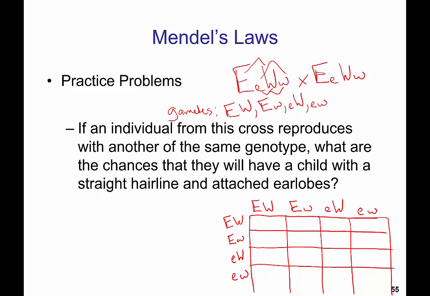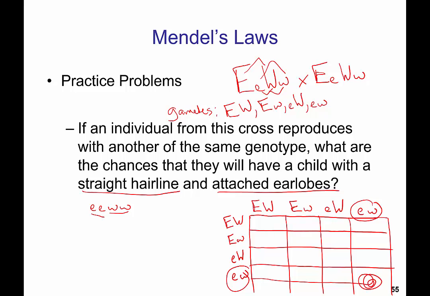However, we can save ourselves a little work here. We don't have to fill out every single square because we're just looking for a child with straight hairline and attached earlobes, which we said was going to be here. So that's straight hairline, that's attached earlobes. If we're saving ourselves some work, we're looking at where this is going to combine with that. The only place that happens is right here.